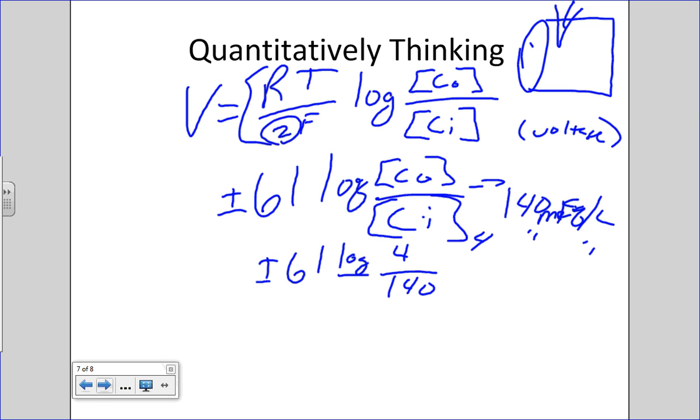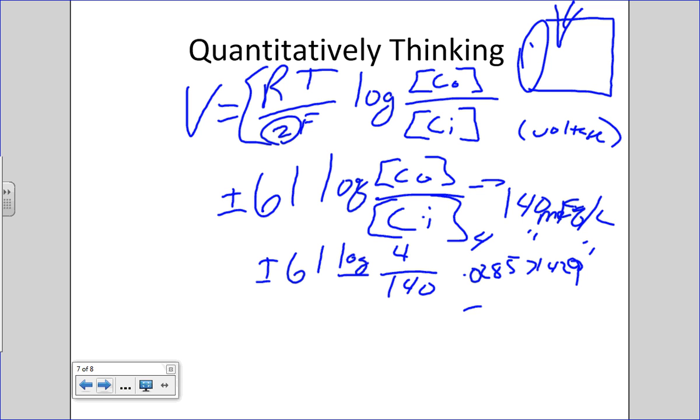So 4 over 140 comes out to... Do the log.